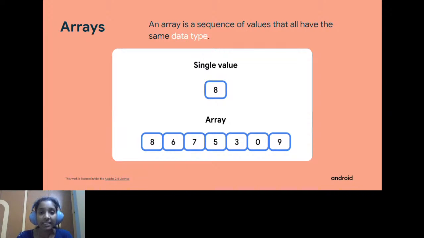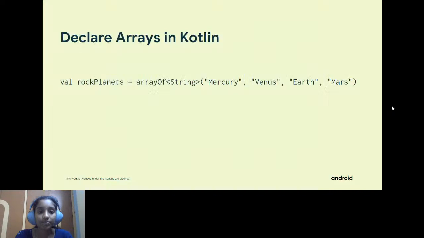First we'll see how we should declare an array. Here is the syntax to declare an array. With the val keyword, which is what we use to declare a variable, and then rockPlanets, which may be the variable name, and then the keyword we use to declare an array, which is arrayOf.